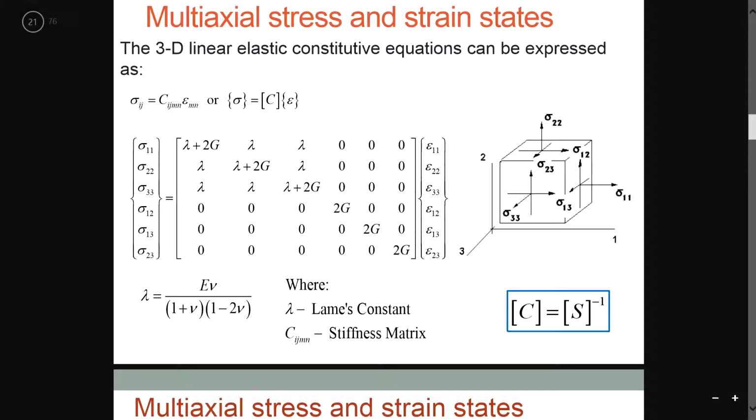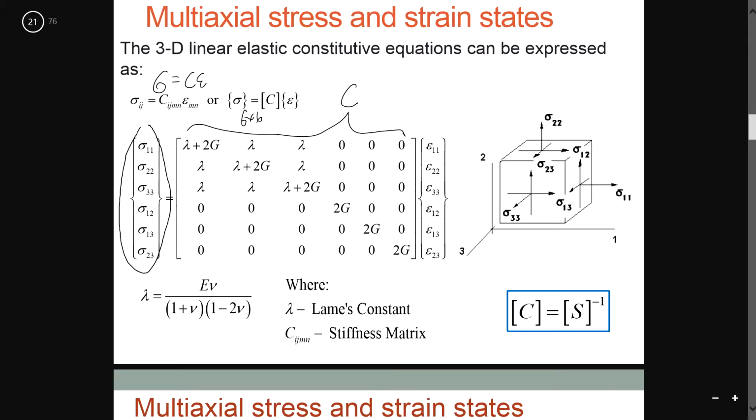So if you remember back to multi-axial stress and strain, the triaxial system, the stress equals C times strain, and this C is the stiffness matrix for the 3 by 3 system. As you can see, it becomes 6 by 6 now, because there are 6 stresses.